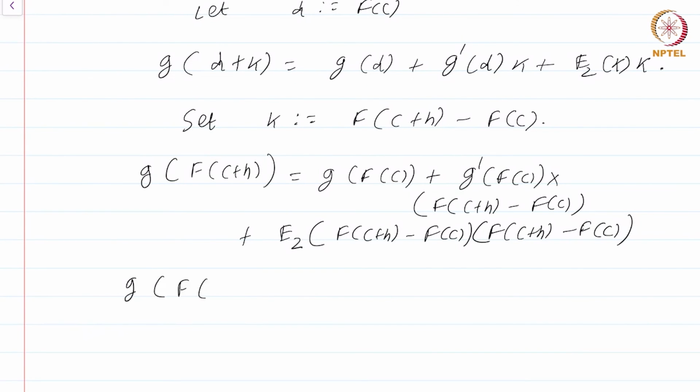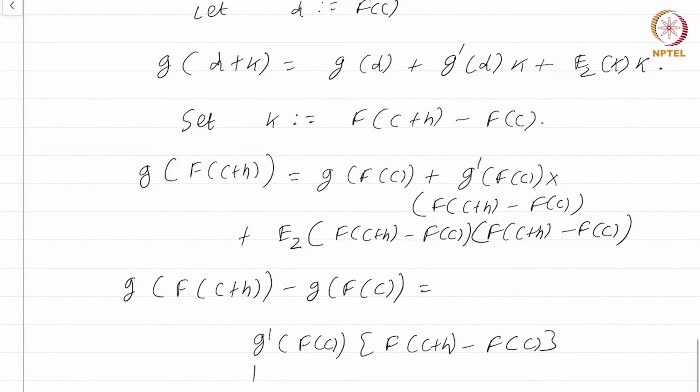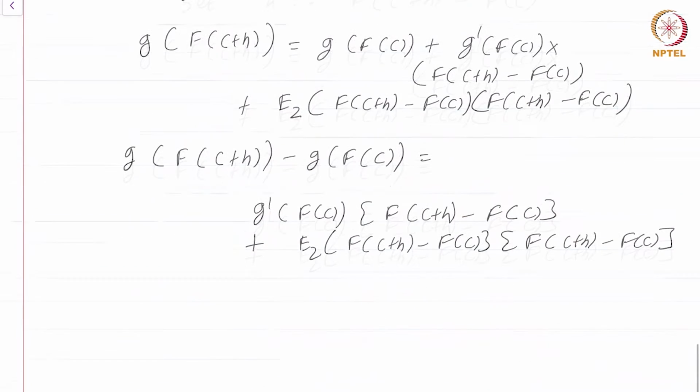So g of f of c plus h minus g of f of c is equal to g prime of f of c times f of c plus h minus f of c, plus E2 of f of c plus h minus f of c multiplied by f of c plus h minus f of c. Okay, this is what you will get.